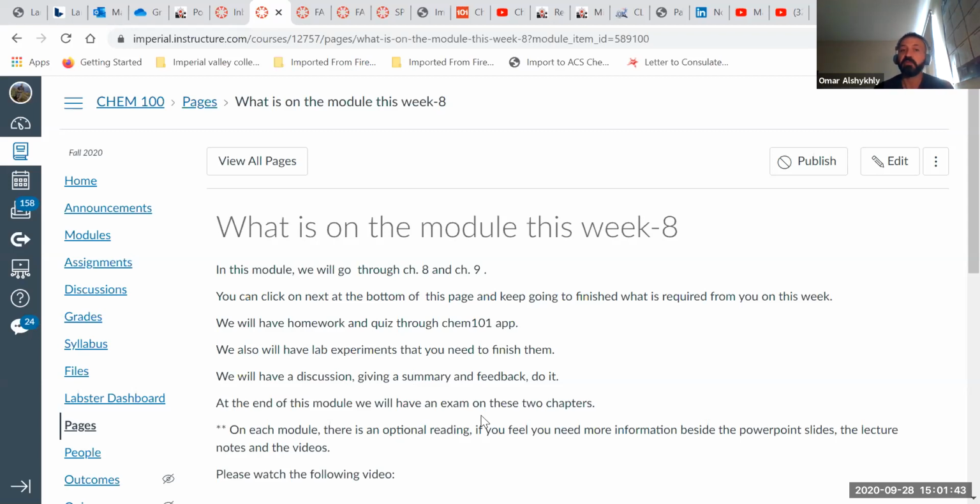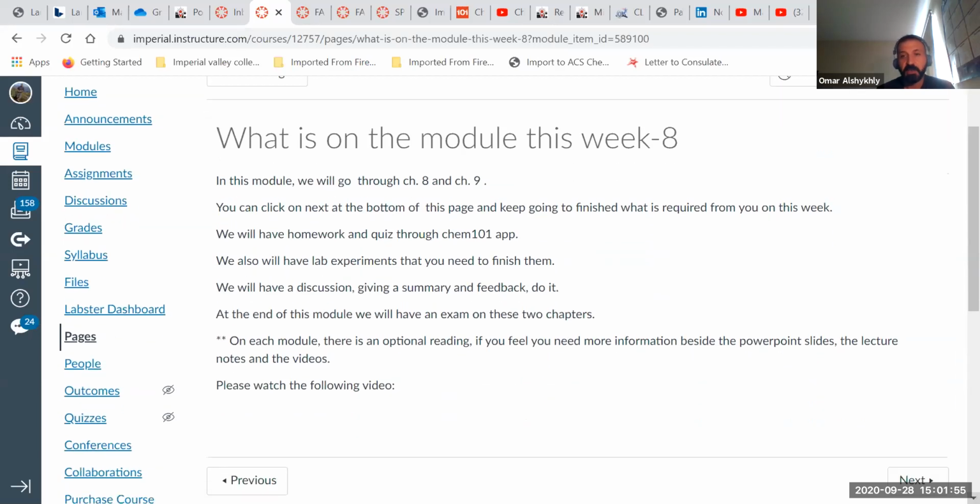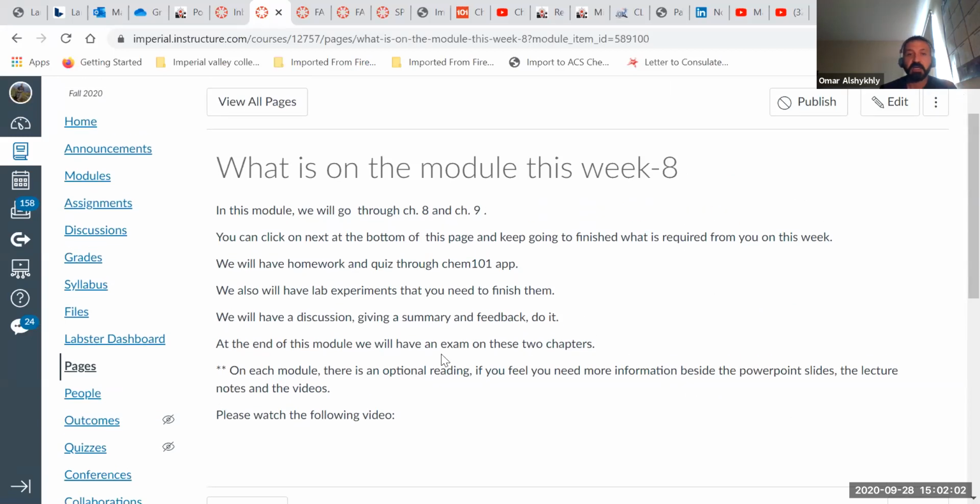Then don't forget we have the summary discussion for each chapter. And also at the end of this module, you will have the exam for these 2 chapters. Don't forget, we always have the optional reading. Of course, I have the lecture, but we also have the optional reading if you need to read the free textbook.